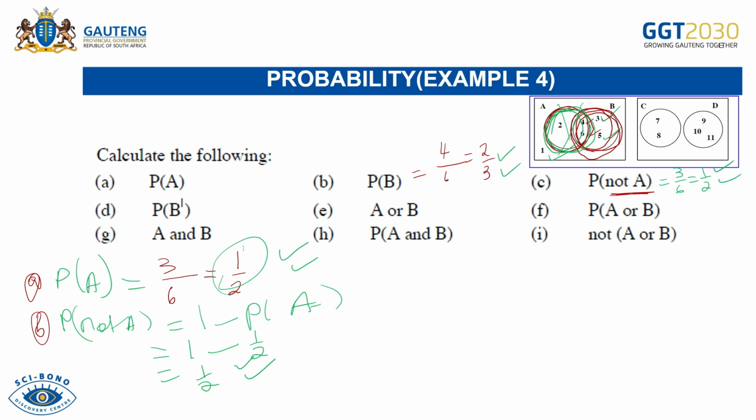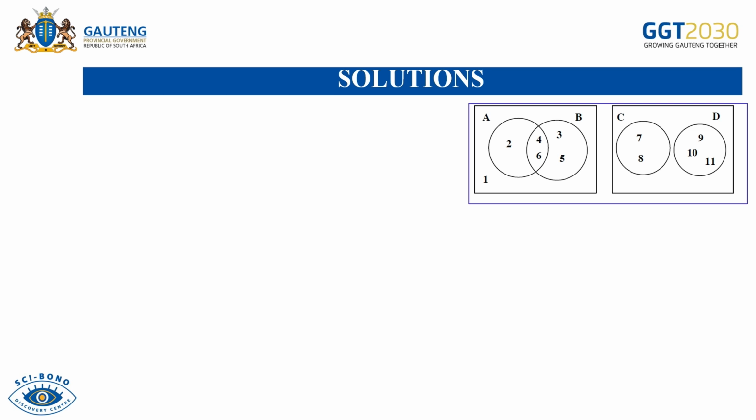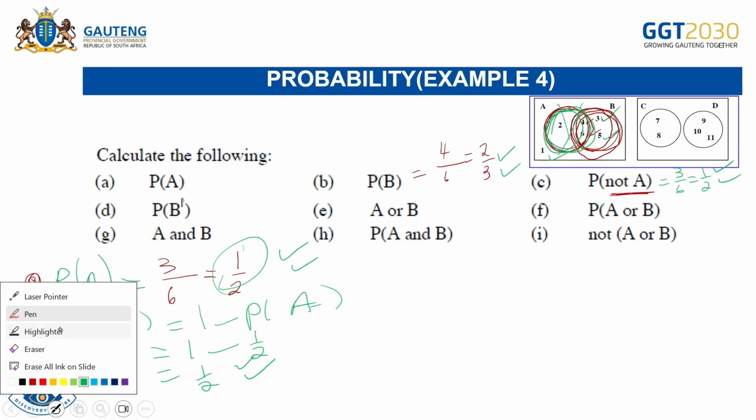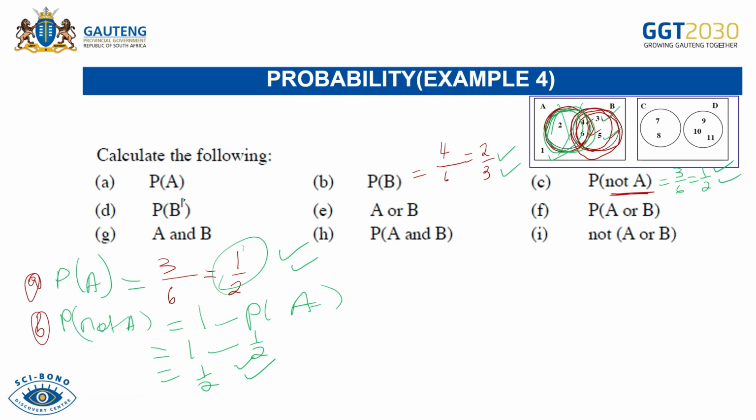And then you move to letter D. Letter D, I made a mistake, let me just correct that. If you see that, you must know that it means P, the probability of not B. So whenever you see something like that on top, you must know that it means not that particular event they're talking about.